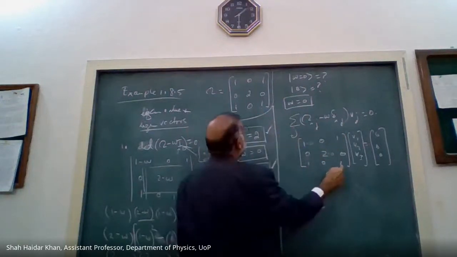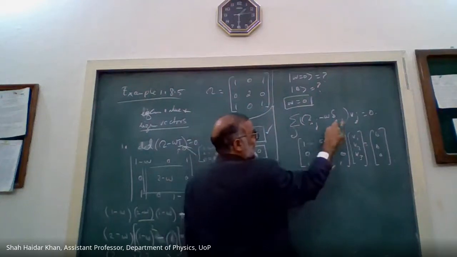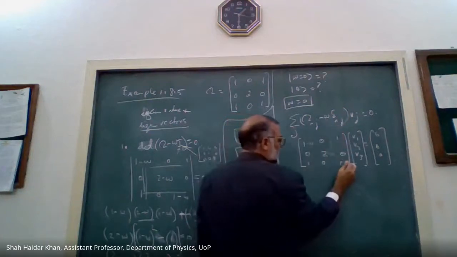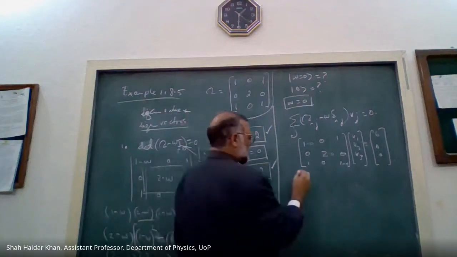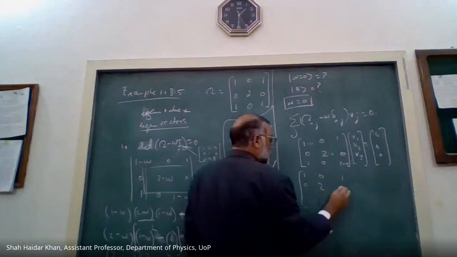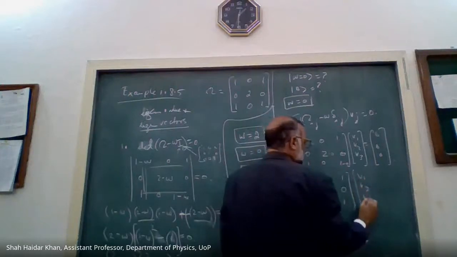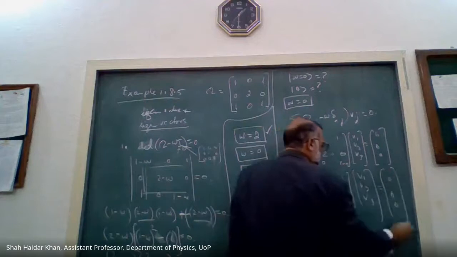Here, there is 1, and omega is equal to 0. So it will be like this: 1, 0, 1, 0, 2, 0, 1, 0, 1, and V1, V2, V3 is equal to 0, 0, 0.